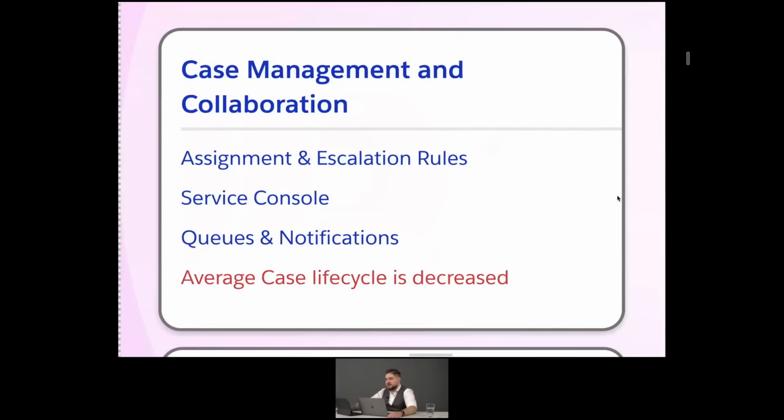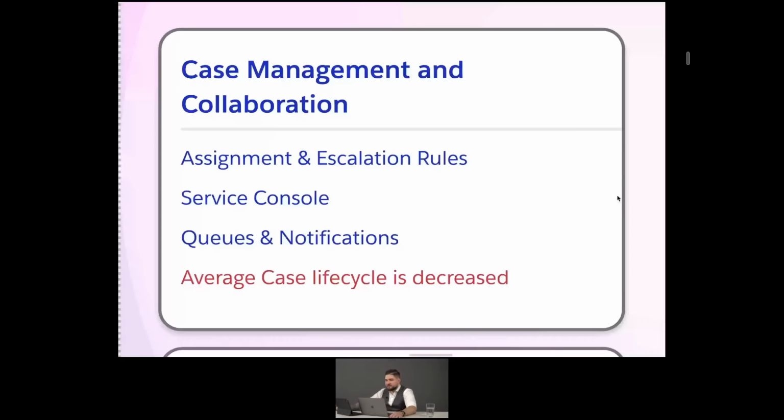The first one is case management and collaboration. It consists of case assignment rules, case escalation rules, service console, files management, queue management, and internal notifications for your team. As a result, we get the following things. All customer inquiries are classified and assigned to appropriate service reps. That's important. If cases remain unattended, they're escalated to managers using escalation rules.